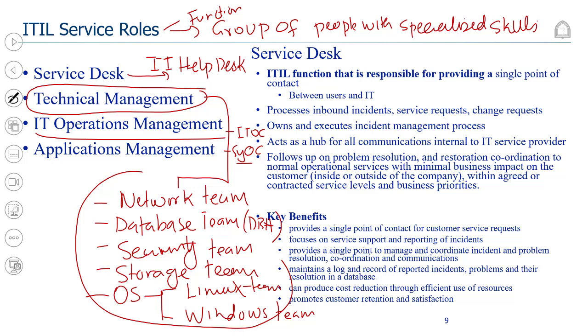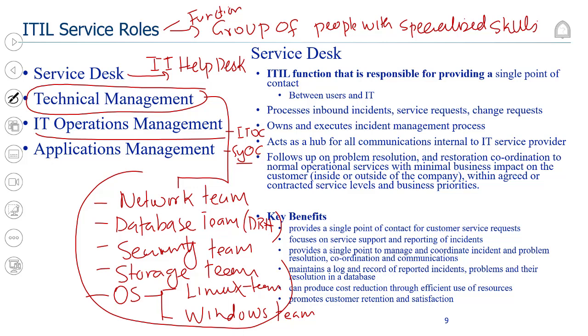And if anything is flagged up, like a P3 ticket or any warning, then they call the technical teams to fix the problem before it backfires. Those are what we call the roles. Out of these roles, I just wanted to talk about the service desk. Those are some of the things that the service desk does.